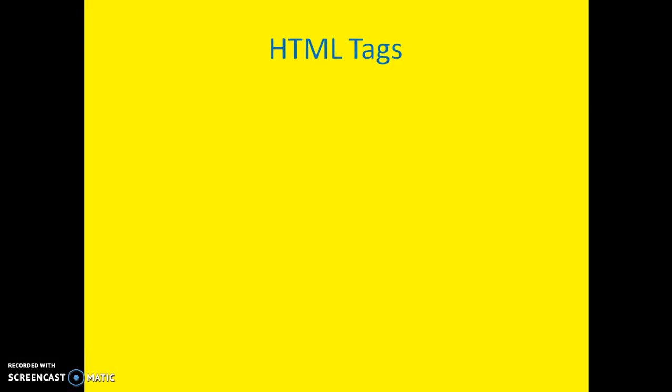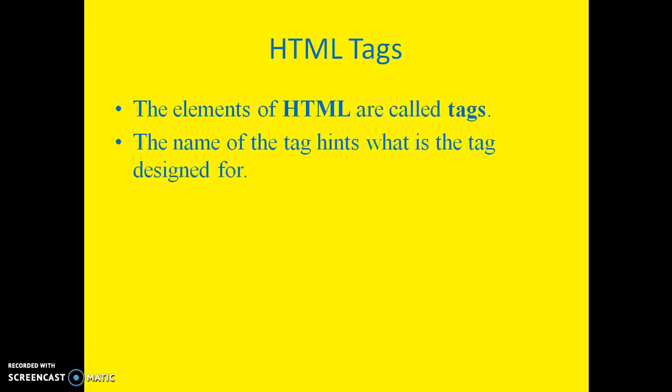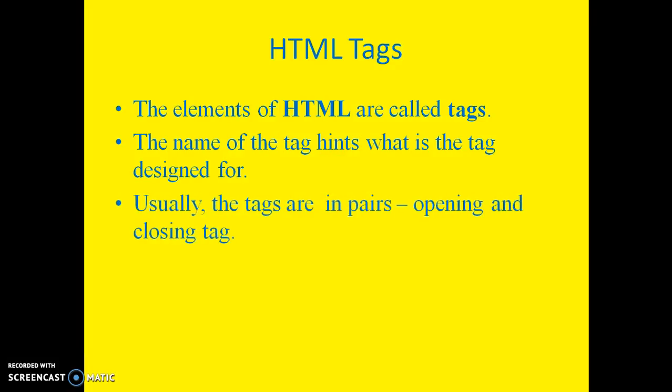HTML tags are basically the elements of HTML. The name of a tag hints at what the tag is designed for. Usually these tags are paired, with an opening and a closing tag.